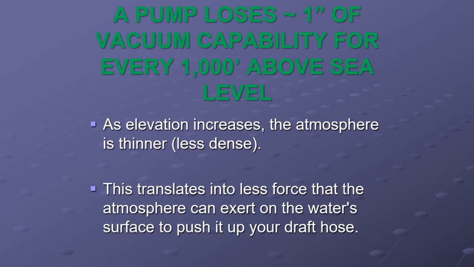They don't compound here. It's the same effect producing two different definitions of the same thing. So every time I go up 1,000 feet, I lose 1 inch of vacuum capability and 1 foot of draft capability, but not both. It's just a different way to describe the same effect.